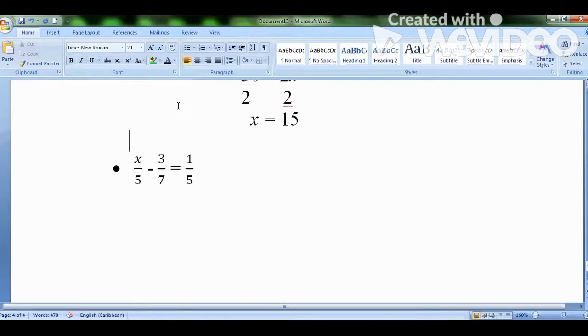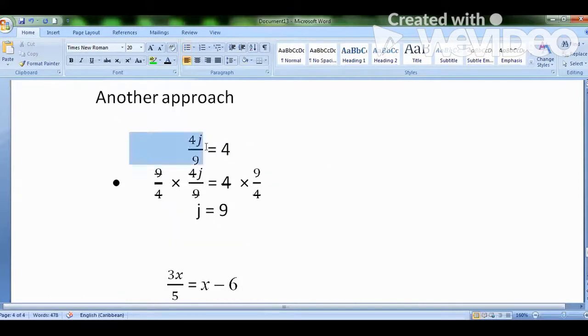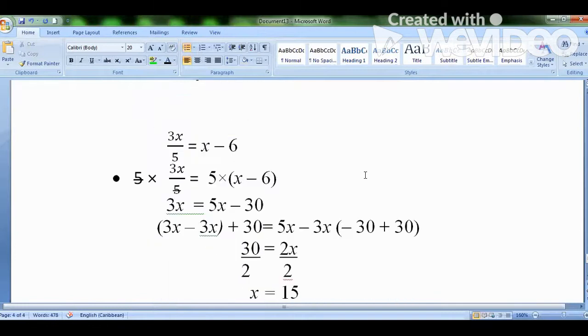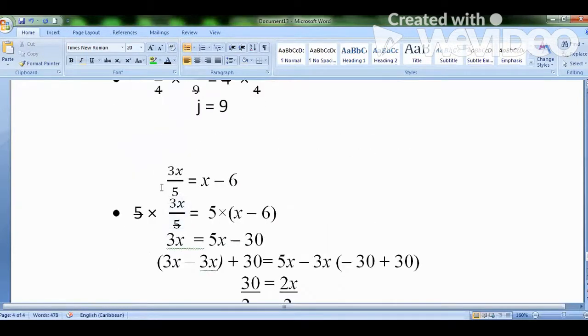All right, look at this one. What do you know about this question, in comparison to say this question? What is similar between this question and these two?